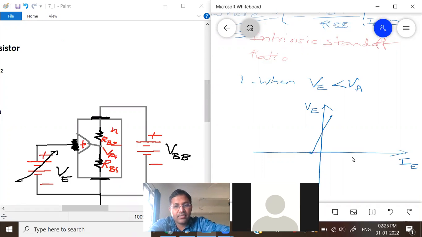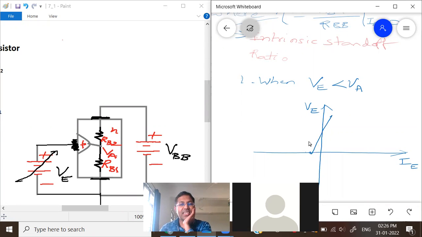So the characteristics will be like this. Then at one point, what is that point? See here, now we are comparing VE and VA.